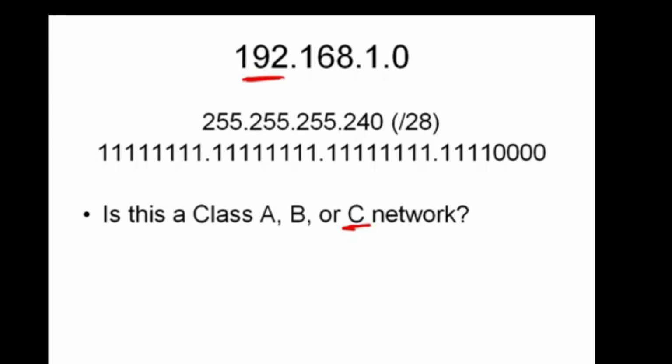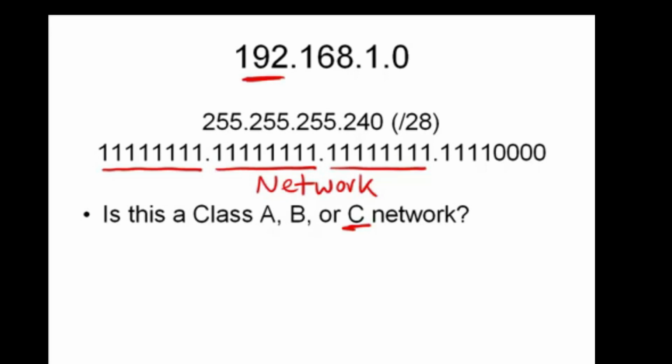Now that's important because we know a class C network has a default subnet mask of 255.255.255.0, which means the first 3 octets are dedicated to the network portion. And we know in subnetting, the network portion never changes.